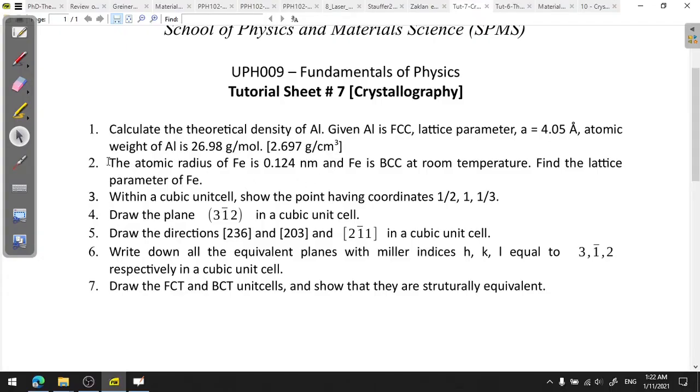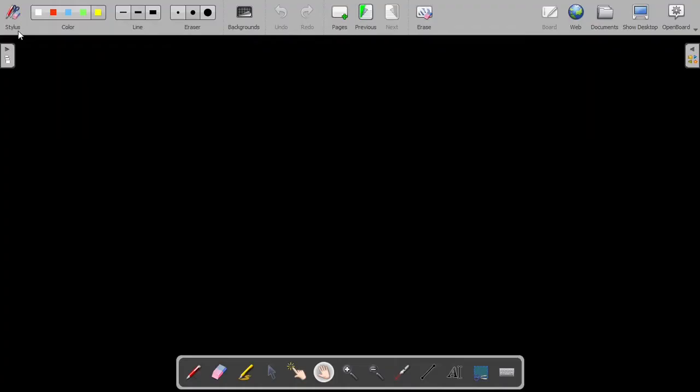Now let's do question number 2. The atomic radius of iron is 0.124 nanometer and iron is BCC, body centered cubic, at room temperature. Find the lattice parameter of iron. So let's do this one.